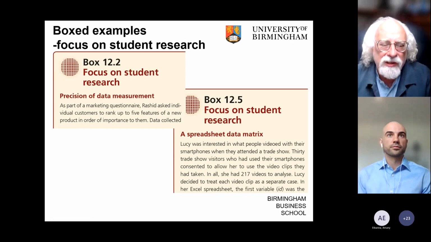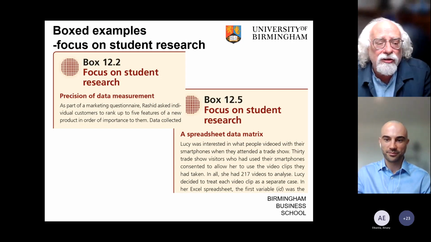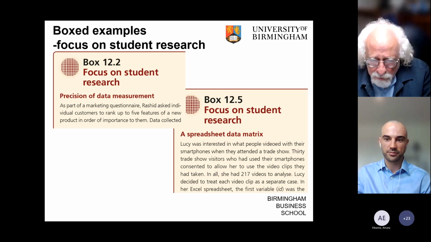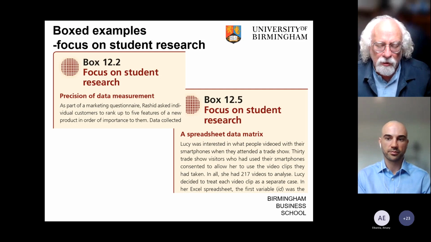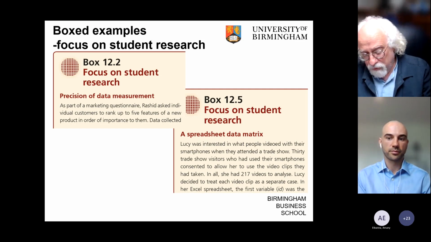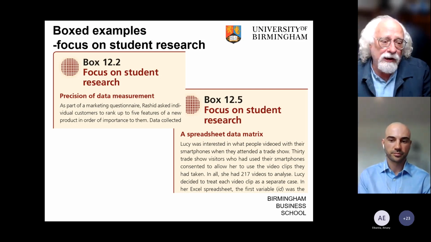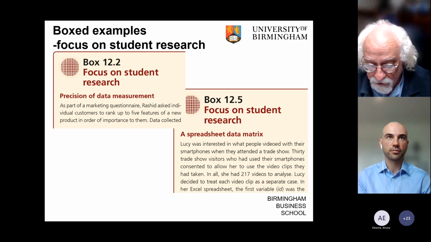What we do with these boxes is we try to provide short and pithy-ish illustrations of what students might expect, or where they might go wrong, or where they may be doing things well. And in doing so, we try to make sure that our students are of different genders. We also try to make sure that they have different names associated with different ethnicities.